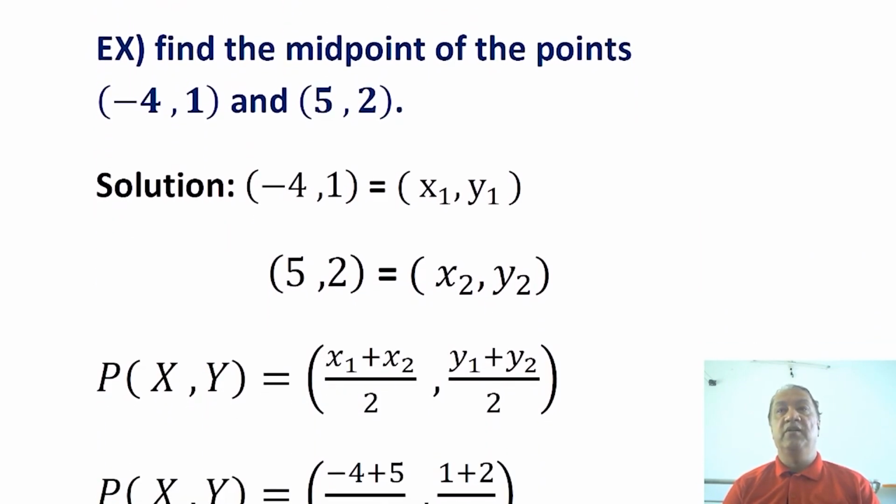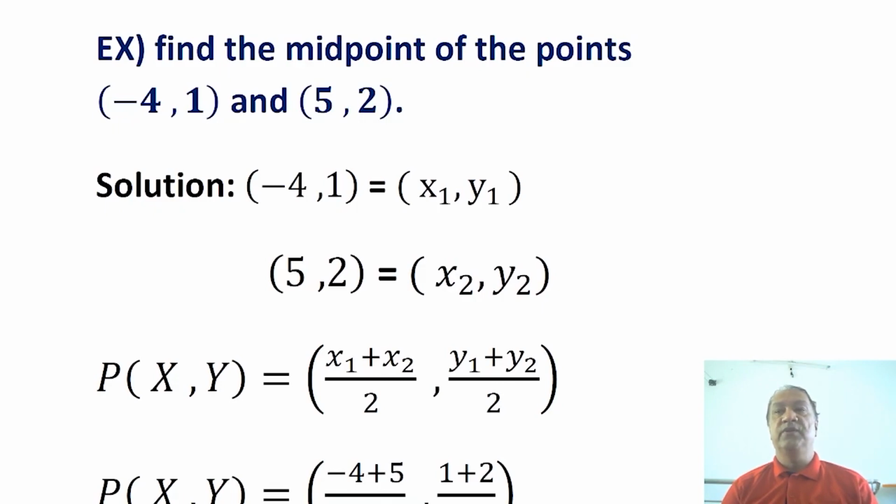Find the midpoint of the points (minus 4, 1) and (5, 2). Now here also we have taken x1, y1 as minus 4, 1 and x2, y2 as 5 and 2. This means x1 is equal to minus 4, x2 is equal to 5, y1 is equal to 1 and y2 is equal to 2.